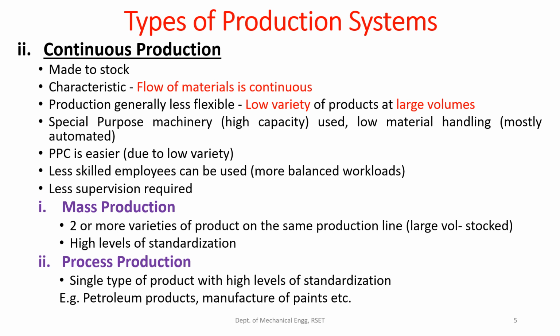So the repetitive nature of jobs makes it possible for us to employ employees who are less skilled than the ones who are needed in an intermittent production system.